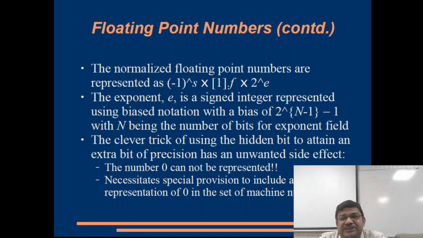Exponent e is a signed integer, and in this case it is used as a biased exponent representation, because when you operate, it's only two operands and it is very easy to compensate for the adding up of the bias. You are only operating on two numbers and you know that bias is also getting added up, and you need to subtract one bias component.